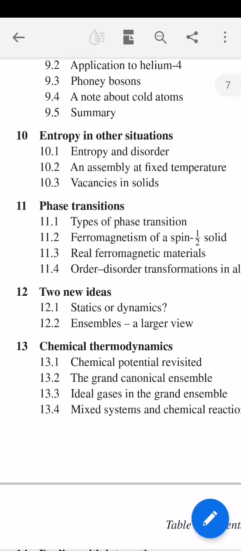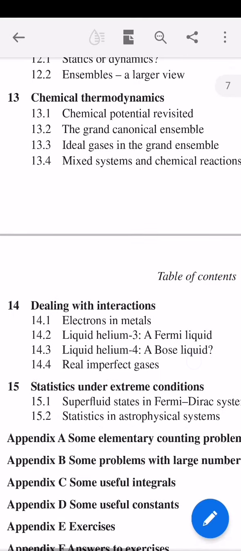zeroth law, first law, second law, third law, and then a bit of a debate about the canonical ensemble, ideal gases in that scenario. And then we move over to liquids, like fermionic liquids that are derived from transition metals in chapter 14, and then we extend that idea as to how those liquids can be considered imperfect gases.